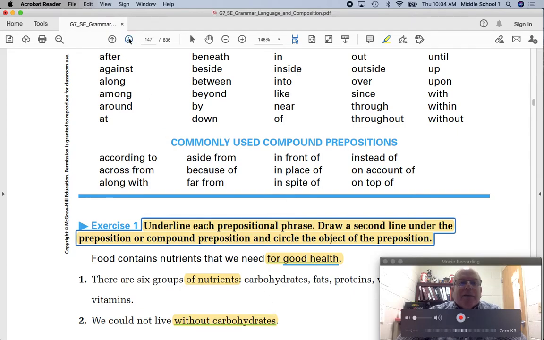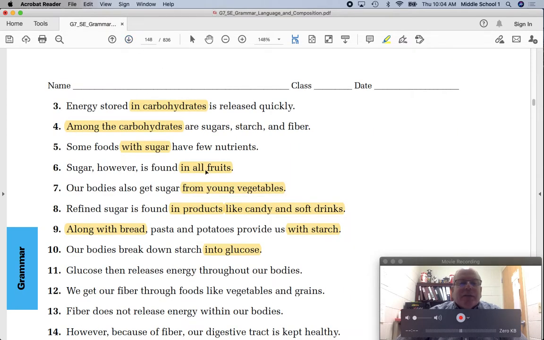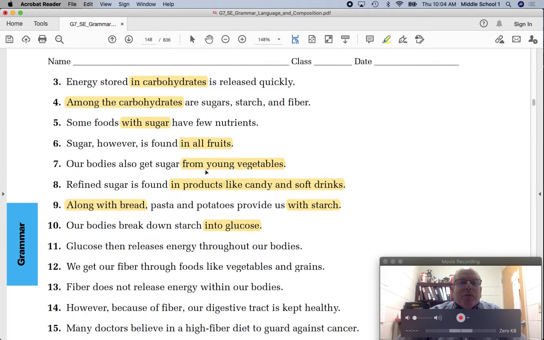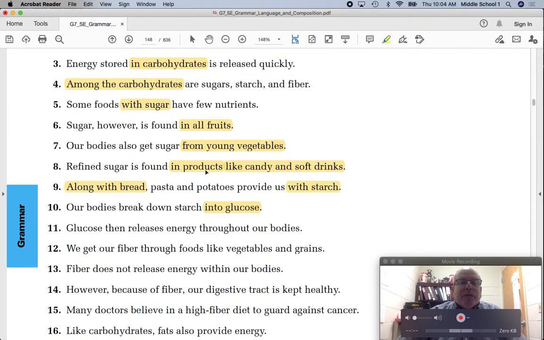Welcome back. Let's take a look at those sentences that you went through, sentences number 3 through 10. You can see on my screen that I've highlighted the prepositional phrases that are found in those sentences. A couple of reminders. Sentence number 8. You'll notice that in products is one prepositional phrase, and then like candy and soft drinks is the second prepositional phrase.